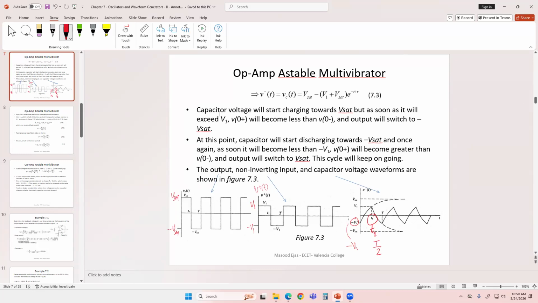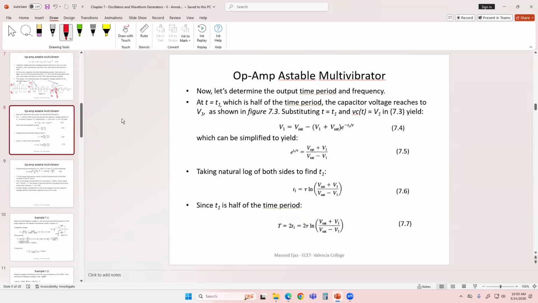So how do we find the time period of the output? We use the capacitor equation, and at time t equal to T1, which is half of the time period, we know that the capacitor voltage is going to be charged to the voltage V1. And that's what we did over here in the capacitor voltage equation, because this is the capacitor voltage VC(t). We evaluated the capacitor voltage at time T1, and at that time, the capacitor voltage is V1.